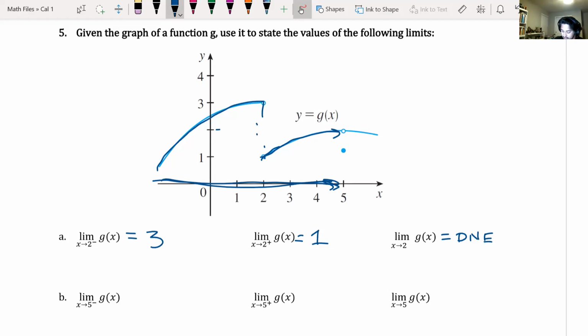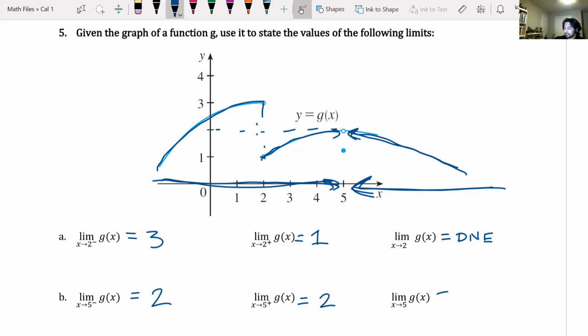That's about 2, right? Okay, and then as you approach 5 from the right, y is getting closer and closer to what number? Two. Good. So as x gets closer to 5 from the right, y is getting closer and closer to 2.